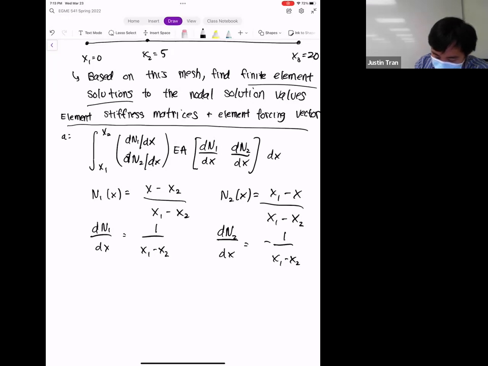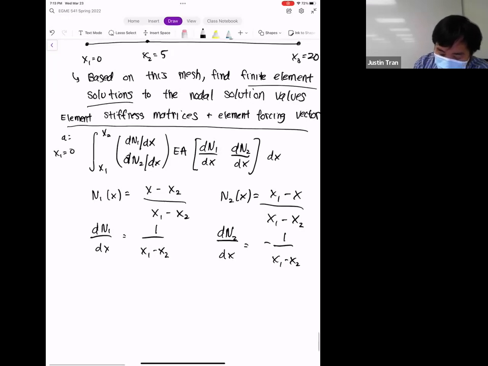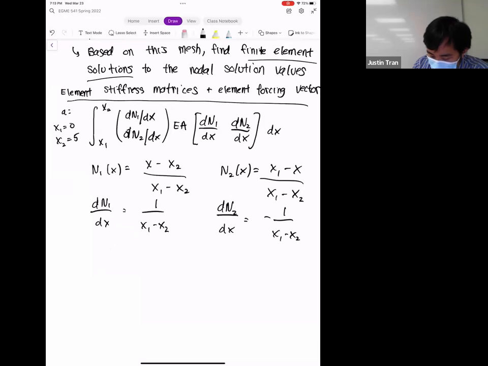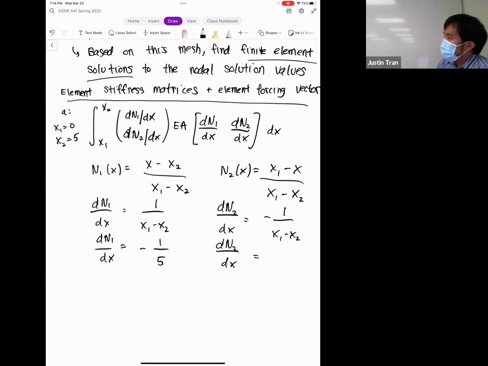For element A, x1 is equal to 0 and x2 is equal to 5. So let's plug that in. 1 divided by (0 minus 5) gives us minus 1 over 5. For dN2/dx, we have minus 1 over (x1 minus x2), just the opposite of that, so a positive 1 over 5.